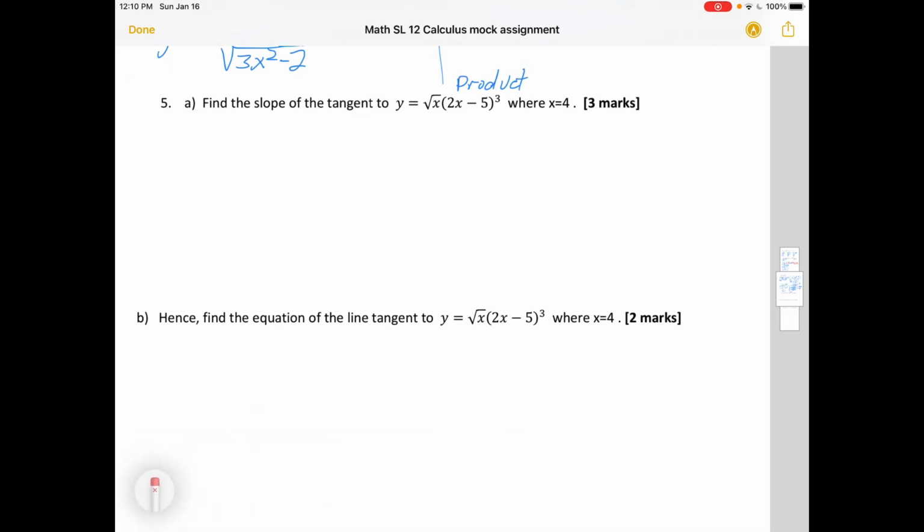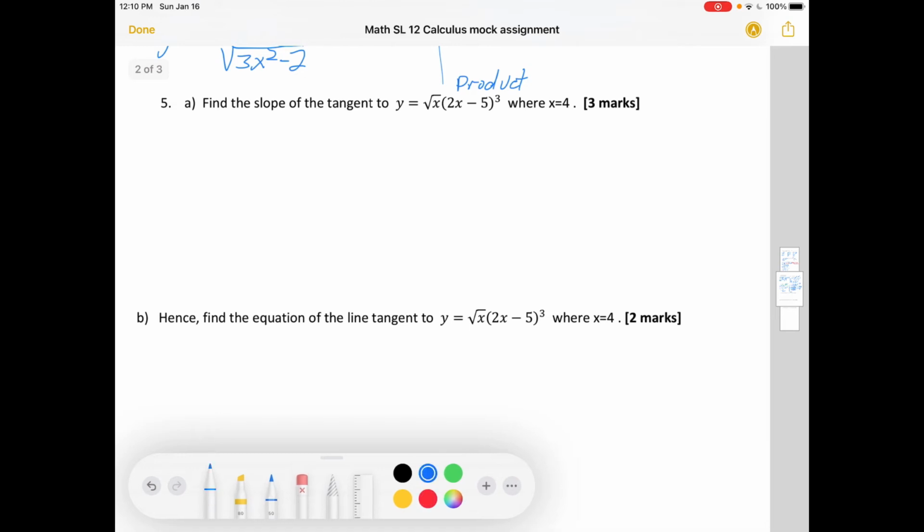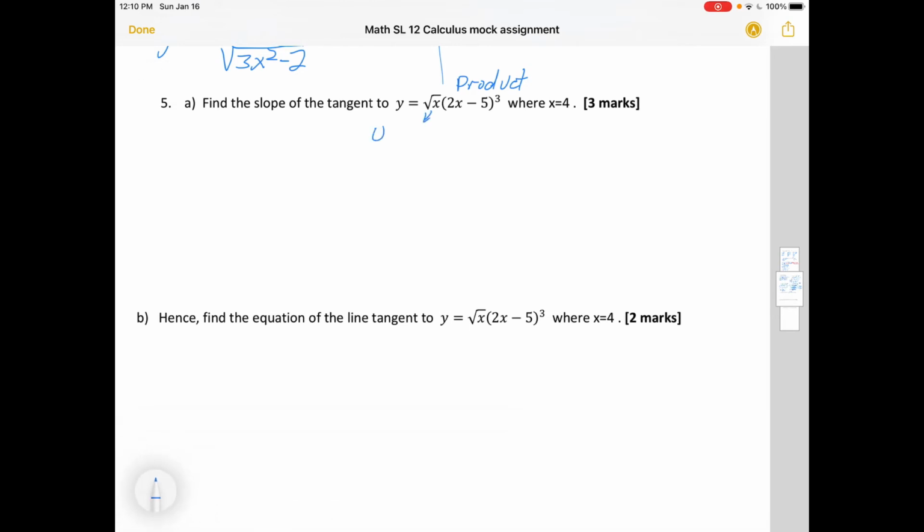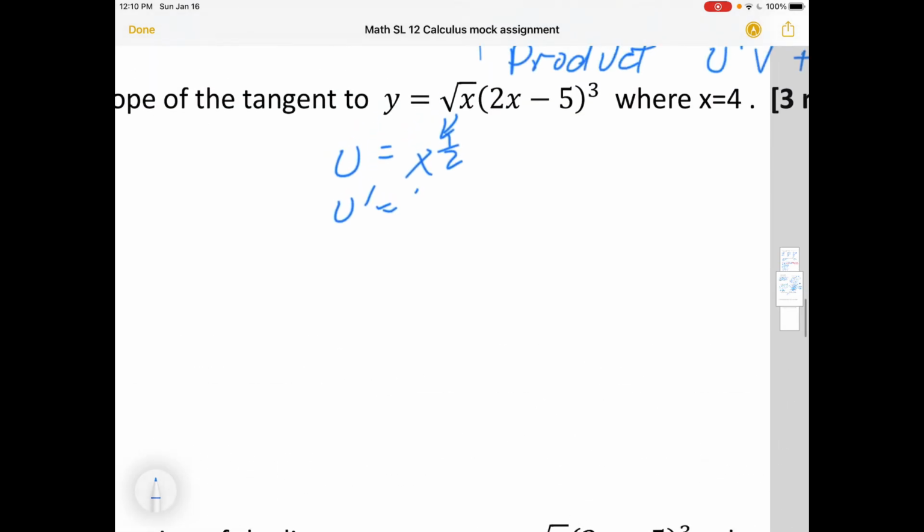So I'm going to go ahead and define what u and v are in this case. So product is u prime v plus u v prime. So u is x to the half. u prime would be 1 half x to the negative a half. You can write that in radical form if you want. v is all of the rest.